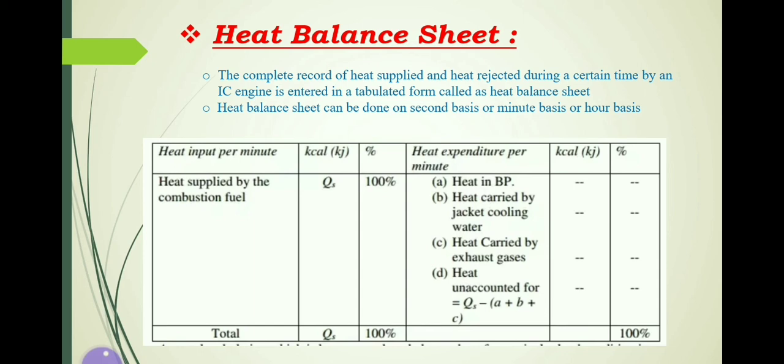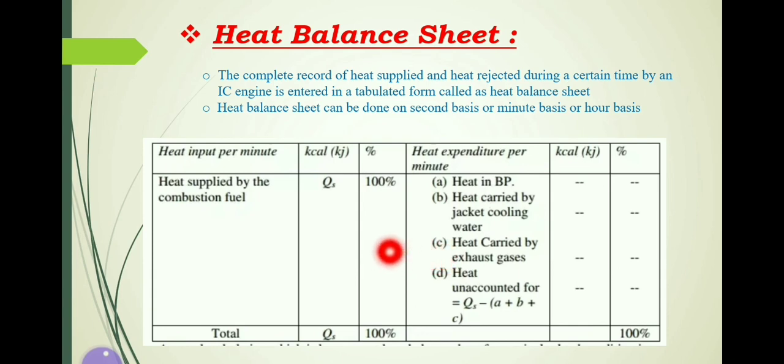Now whatever amount of energy is produced, how it is distributed, we have to show in this right side column, that is heat expenditure. First, the main amount of power is transferred to the brake power, heat in the brake power. Second, heat carried out by the jacket cooling water. Some energy is transferred to the cooling water, and some to the exhaust gases.